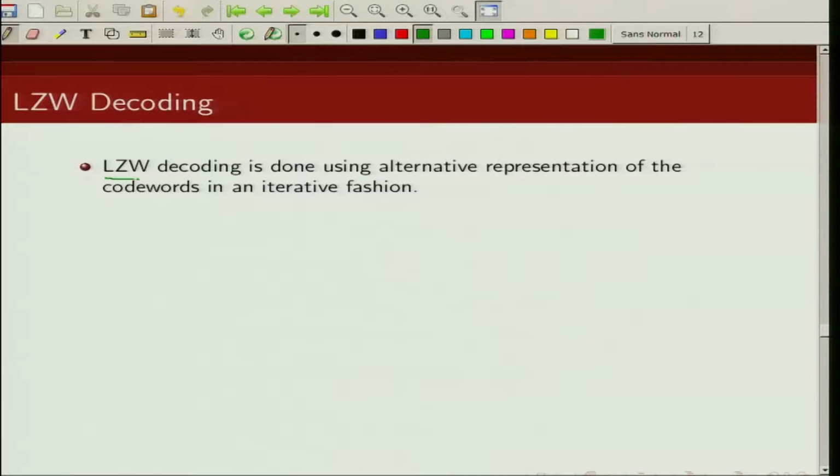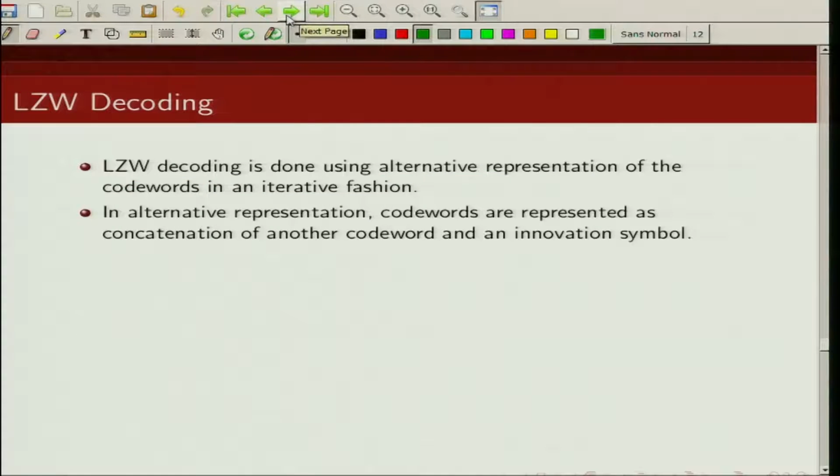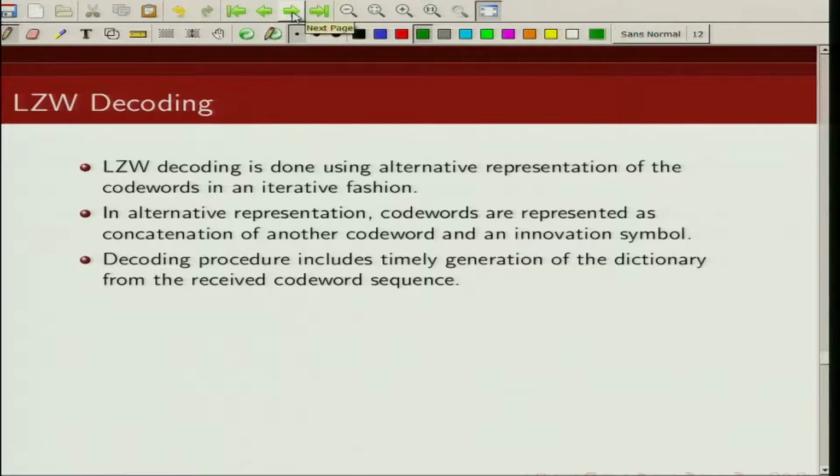So LZW decoding is done using an alternate representation of the code word in an iterative fashion. As I said, in the alternative representation, the code words are represented as a concatenation of another code word and an innovation symbol. So the decoding procedure includes an on-the-fly generation of the dictionary from the received sequence, and we will illustrate that with the help of an example.